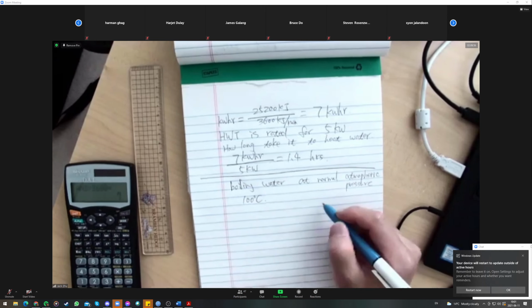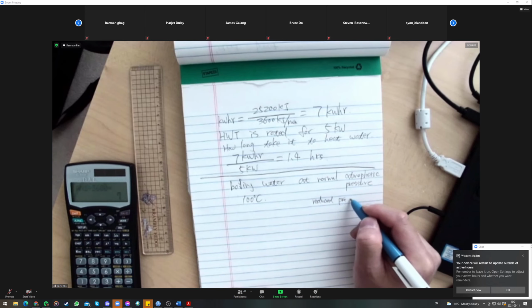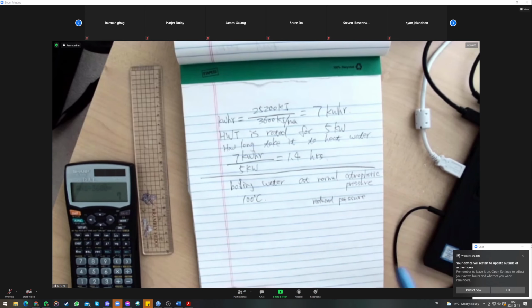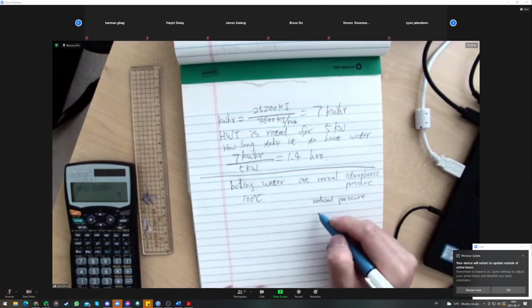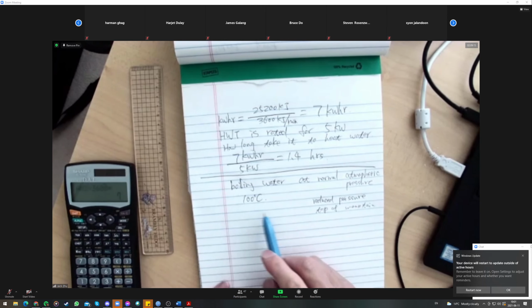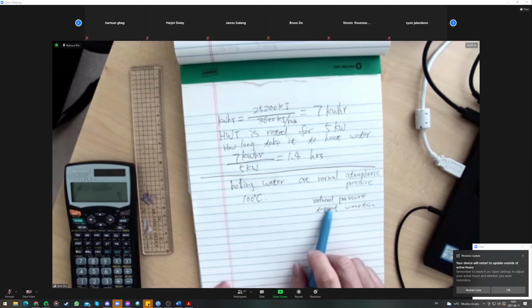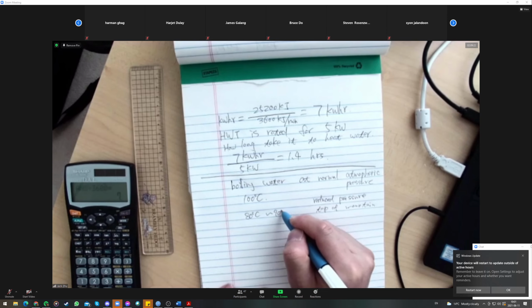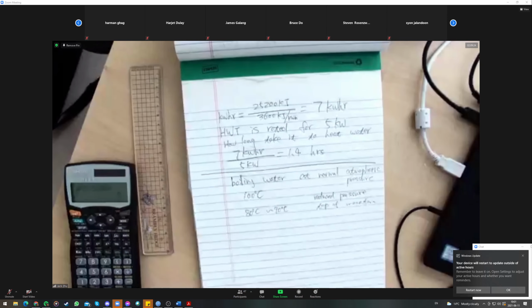But if you have a reduced pressure, like if you go to the top of a mountain, depends on how high that mountain is, you probably can boil the water between 80 to 90 degrees.